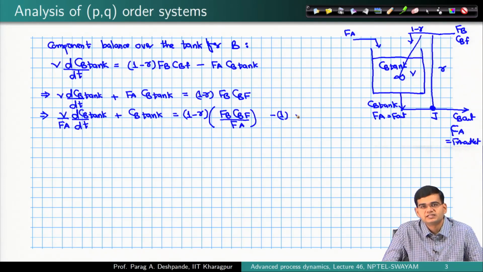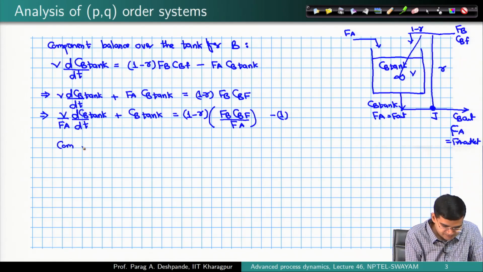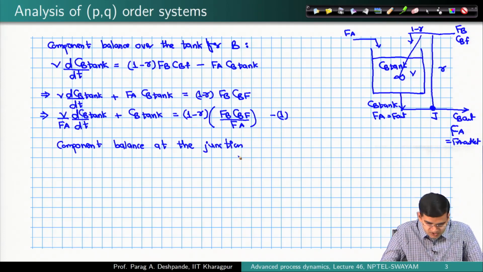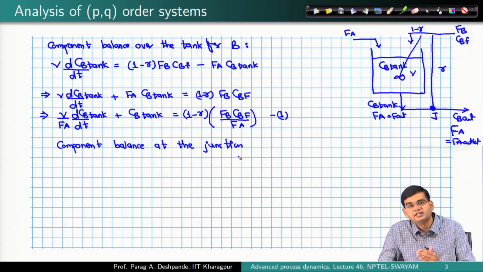Well, in the previous overall mass balance, I wrote the overall mass balance around the tank and also at the junction. Let me do the component balance at the junction. So, at the junction you have the inlet which is coming, which is the outlet from the tank.